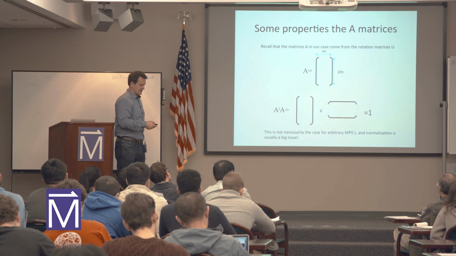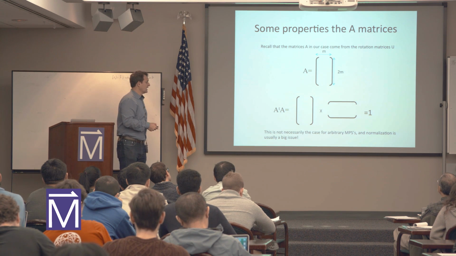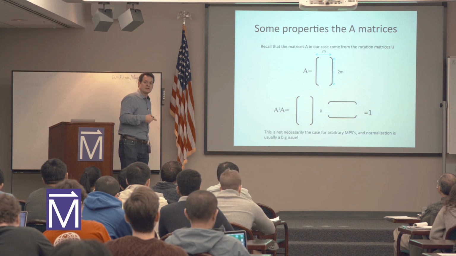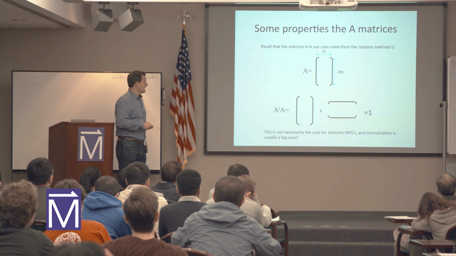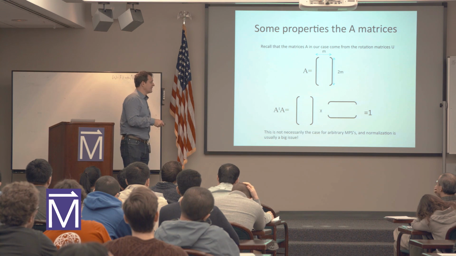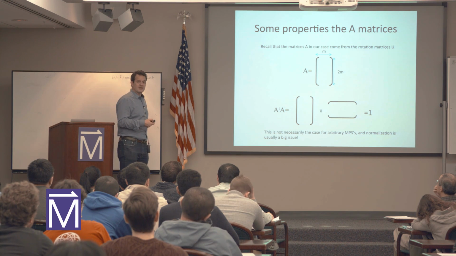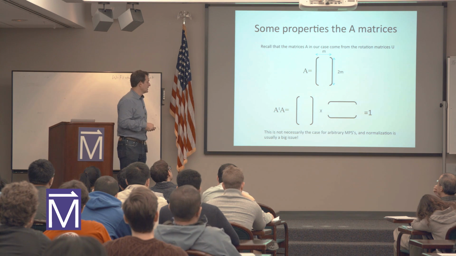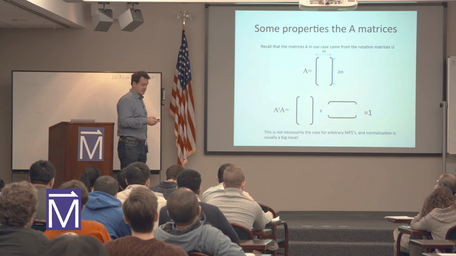But in general, you can write any matrix product state and it doesn't have to be normalized necessarily. And normalization is a big issue actually in DMRG because if you have an arbitrary matrix product state and you want to normalize it, it's a really computationally hard problem. And that's the problem with periodic boundary conditions, actually.